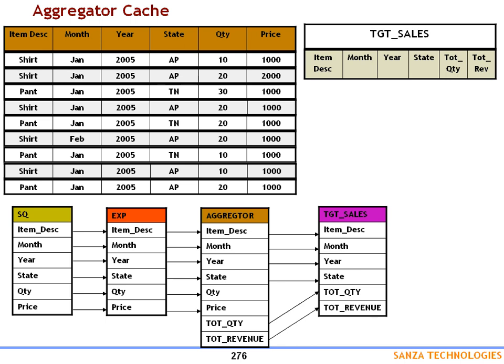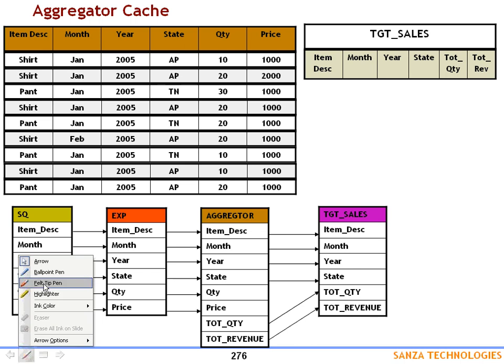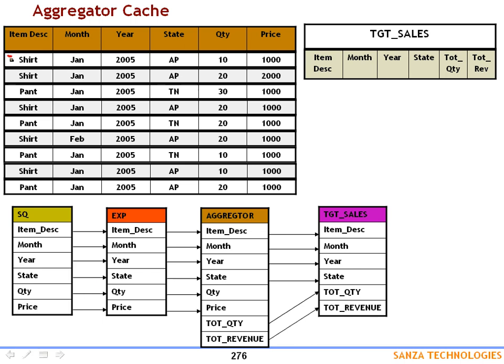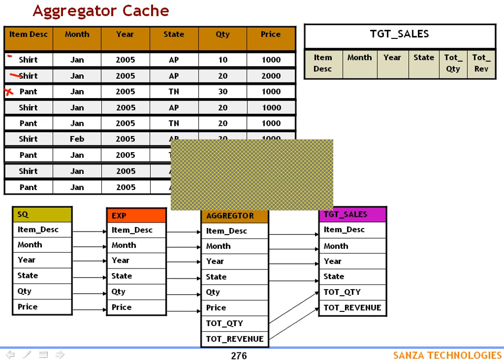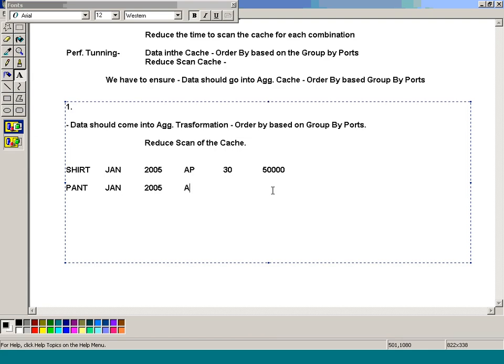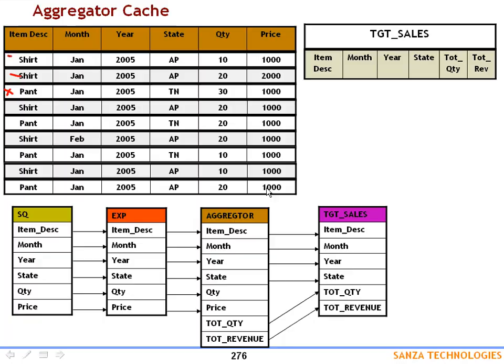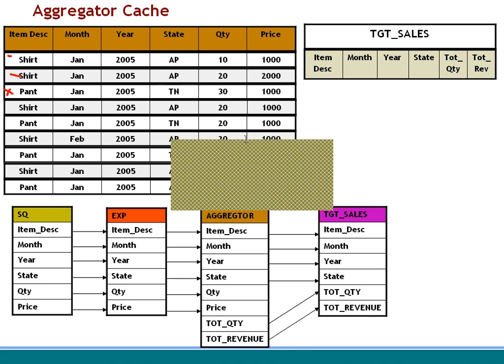So PANT January 2005 AP, it will mark it. The next unmarked record, it has marked, goes to here, change in the combination. So it will send out this record as PANT January 2005 Tamil Nadu, and sends out 30 and 30,000.